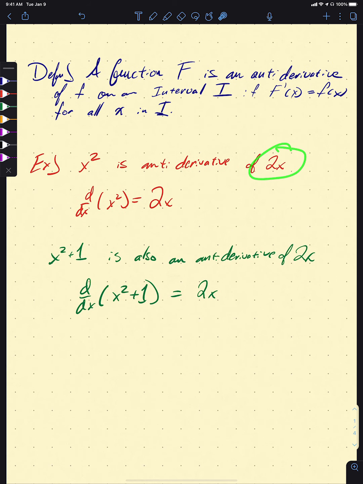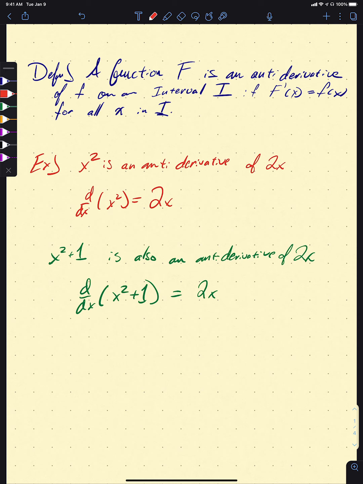For our function 2x, well, we know x squared is an antiderivative, right? I sort of double used the word there.